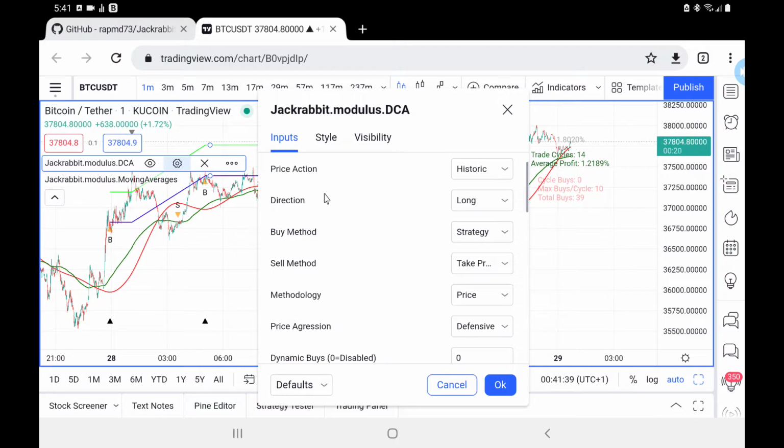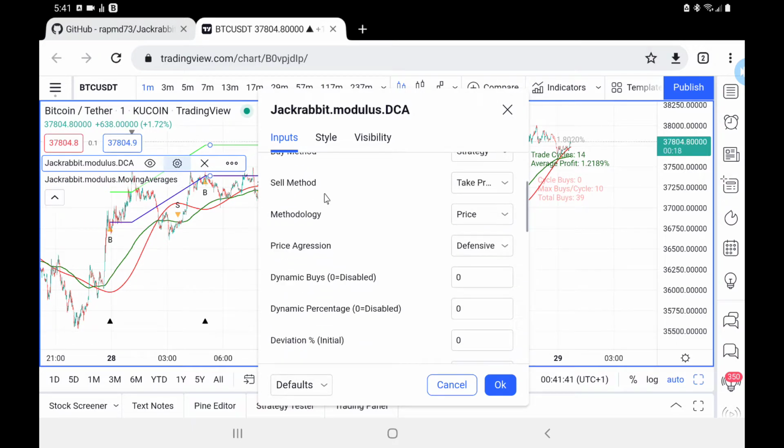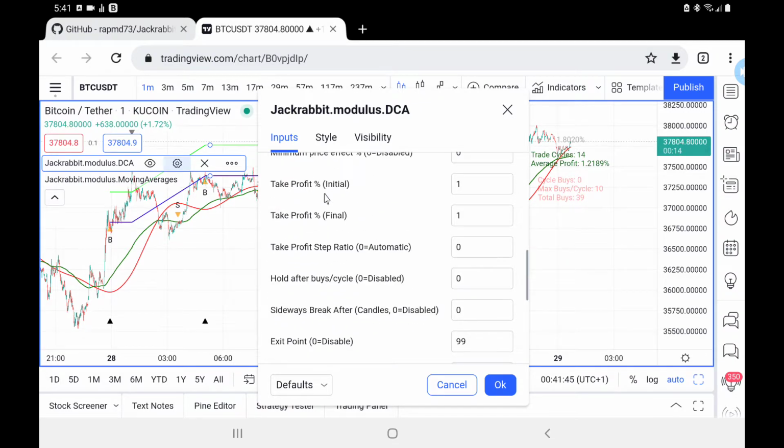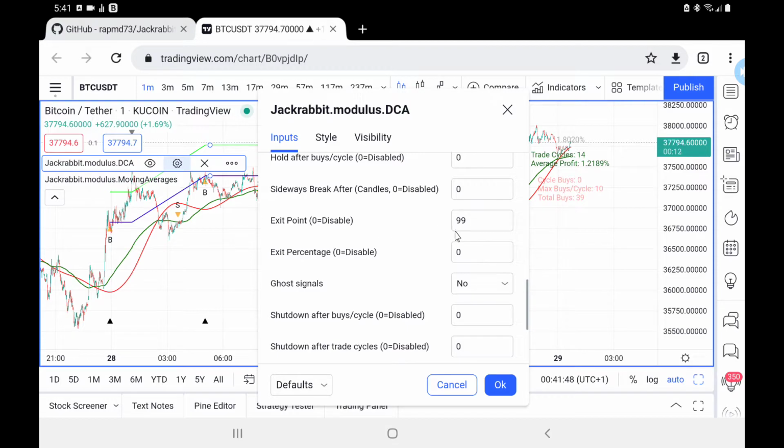Nothing overly spectacular here. Very simple, very easy to work with. Set to 99 positions, or basically a $1,000 maximum budget if you use a $10 position size.